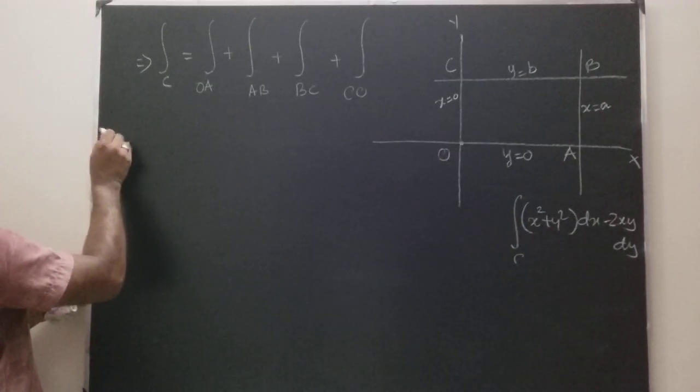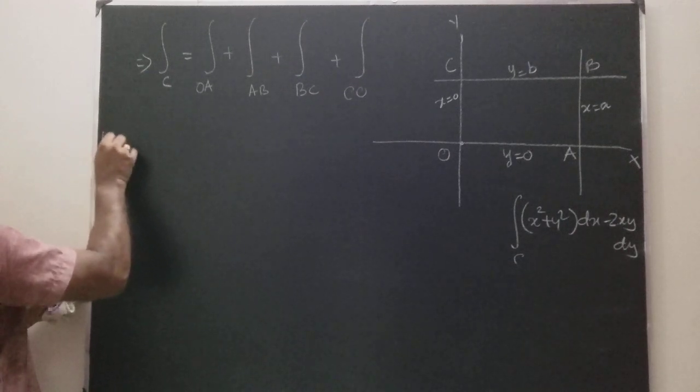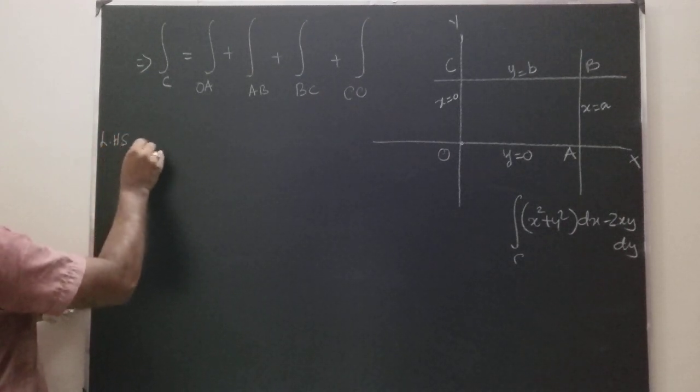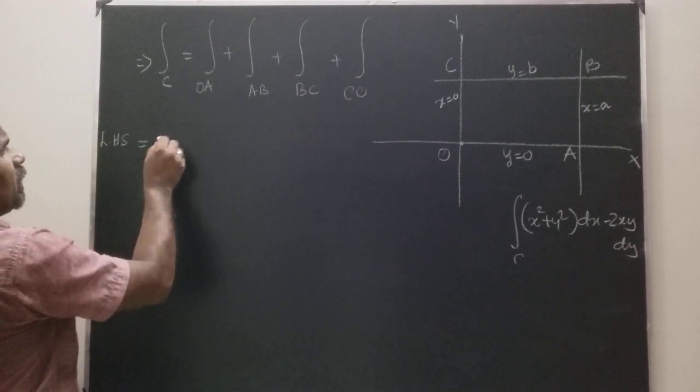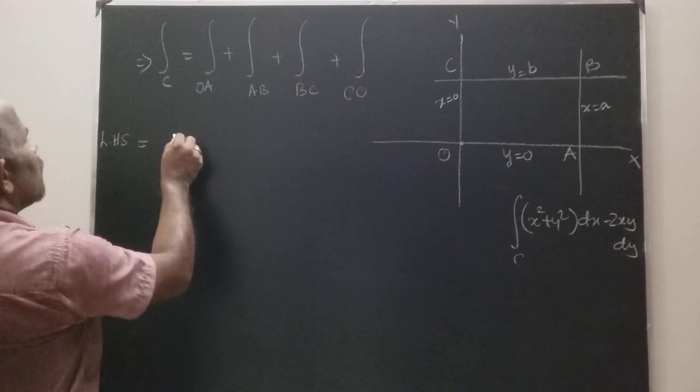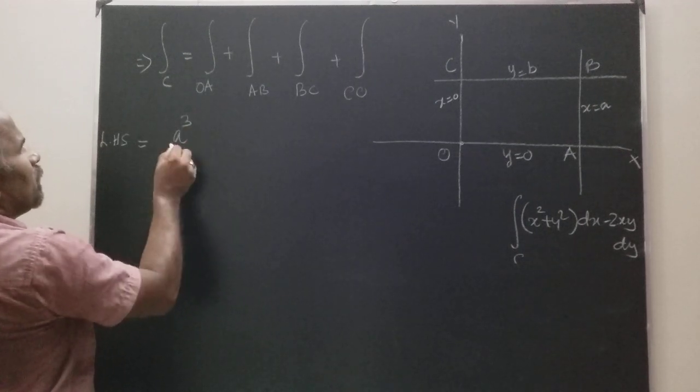Now the left hand side is equal to the integral over OA plus the integral over AB. The integral over OA is a cube by 3.